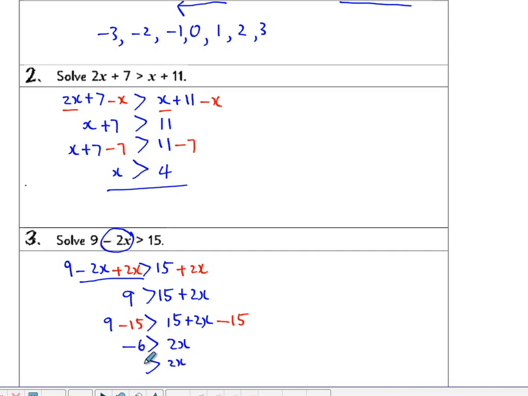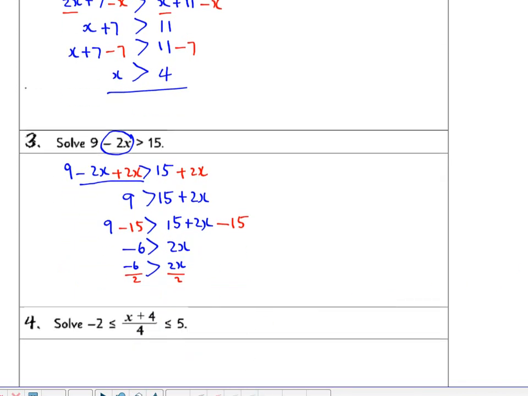I have 2x, I have minus 6, so I want only x. We're going to divide by 2, divide by 2. Now what does that tell me? That's going to tell me that x on this side is less than negative 3. Now if you're not sure what your values are or your final answer is, use the calculator.